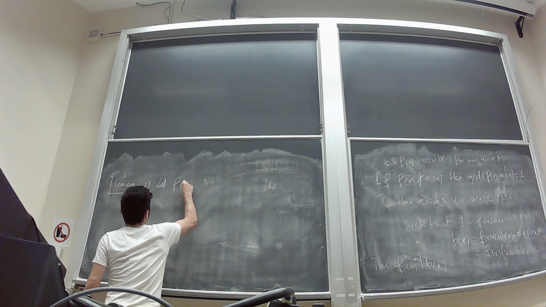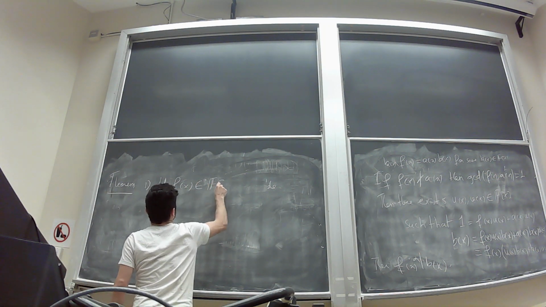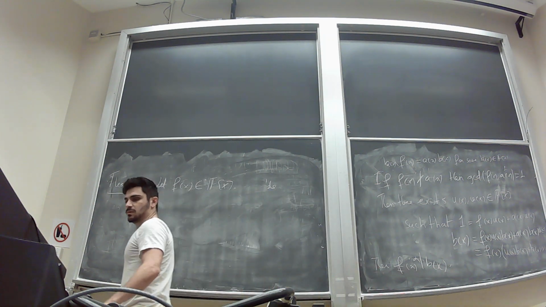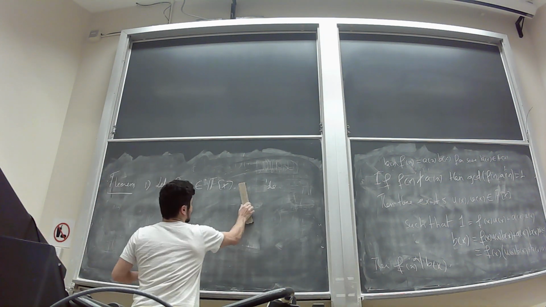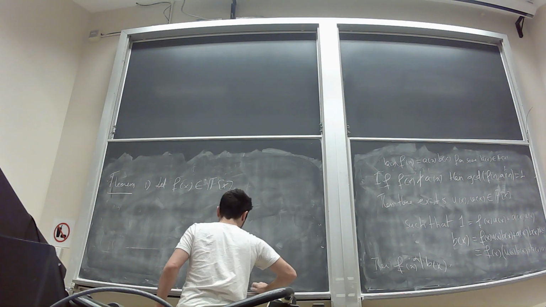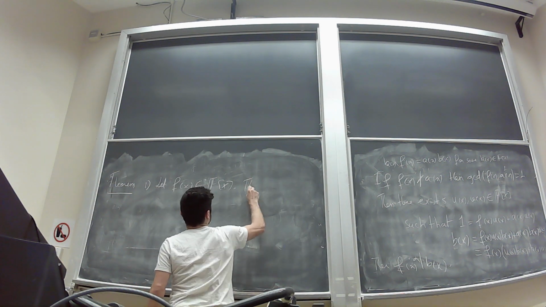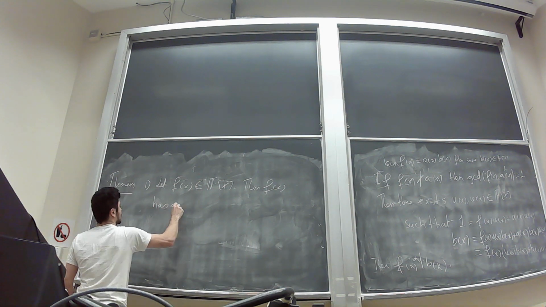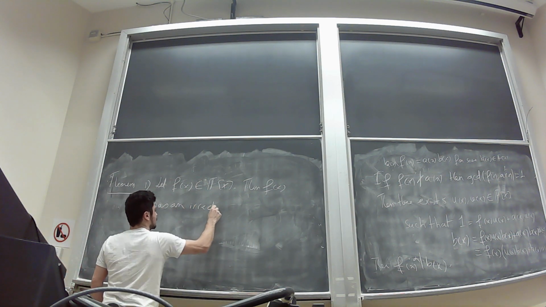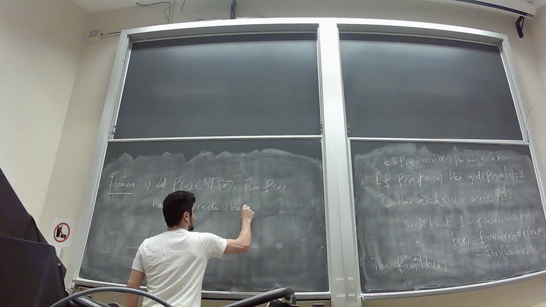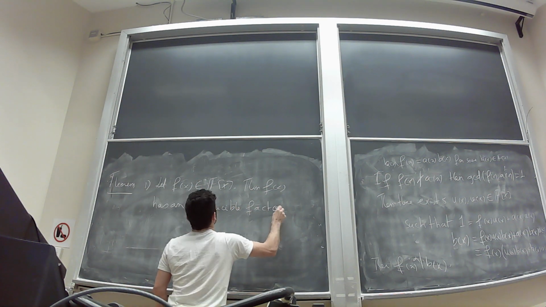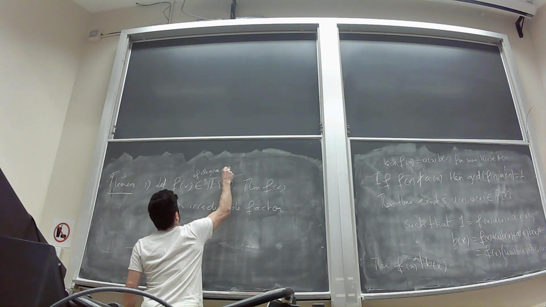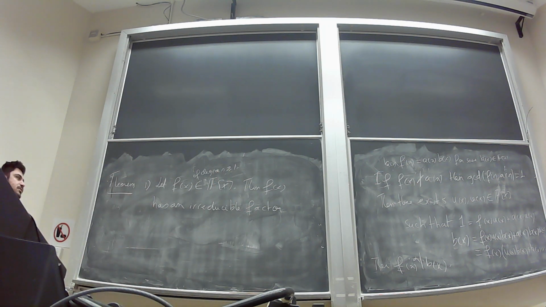So let f(x) be a polynomial in F[x] of degree n bigger or equal to 1. Then f(x) has an irreducible factor.